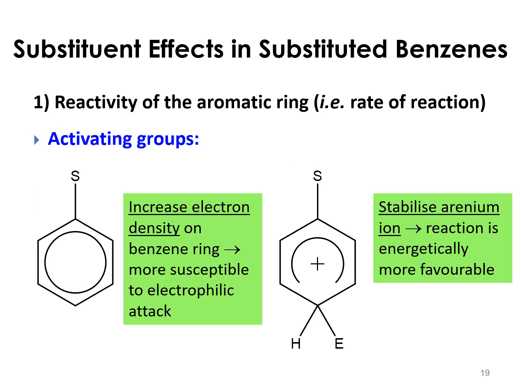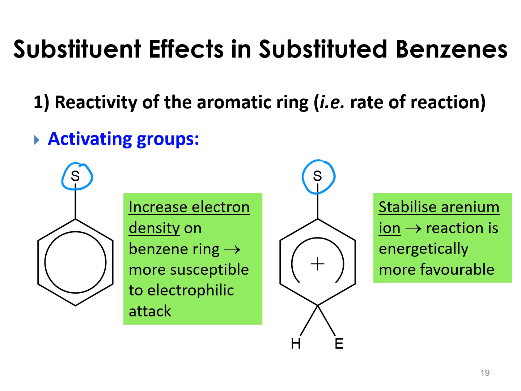So now we need to understand, for an activating group, which is labeled as S here, for the substituent group, if it is able to enhance the electron density of the benzene ring, it makes the entire ring more susceptible to electrophilic attack. So it's basically making the electron-rich benzene more electron-rich for it to be more attractive to the electrophile.